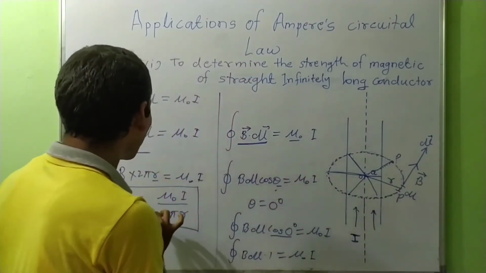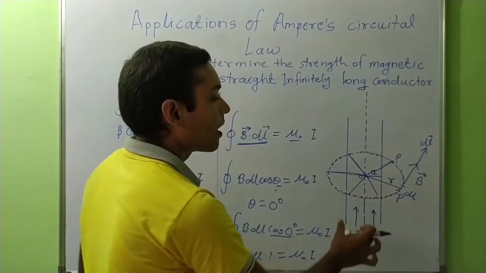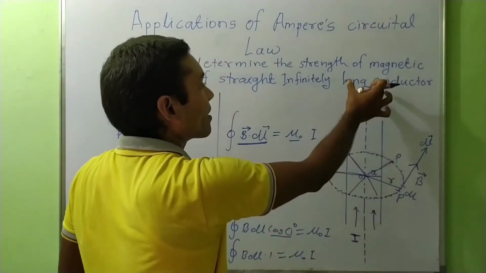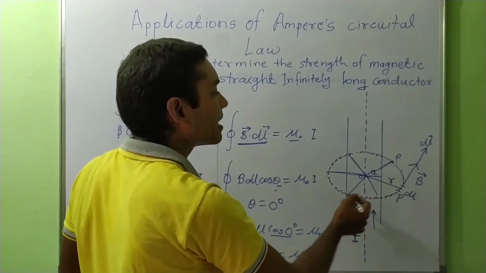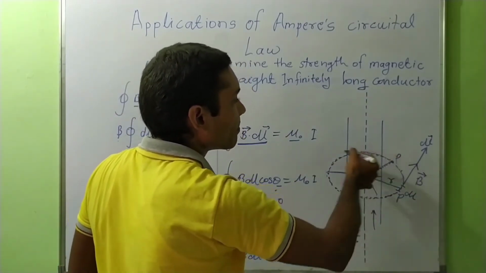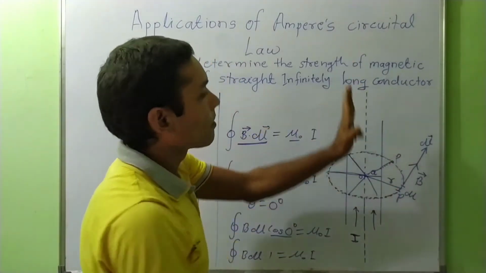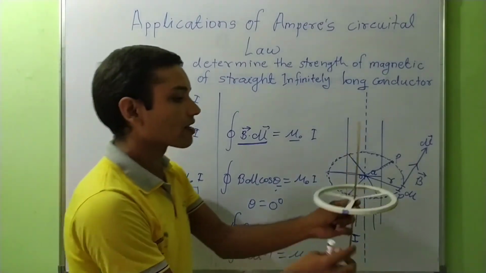This magnetic field is not being determined along the current carrying conductor. This magnetic field is being determined along this Amperian circular loop that is perpendicular to the current carrying conductor, like this.